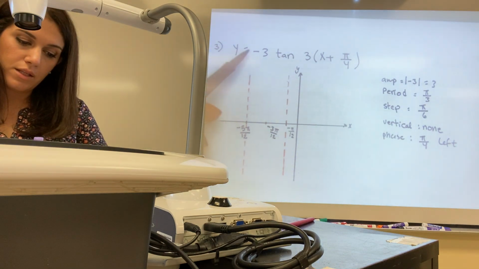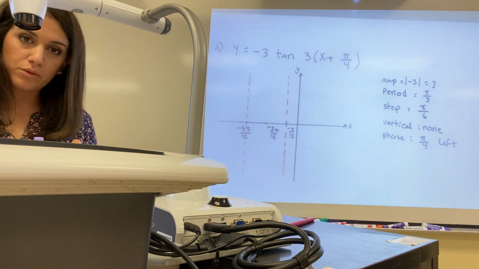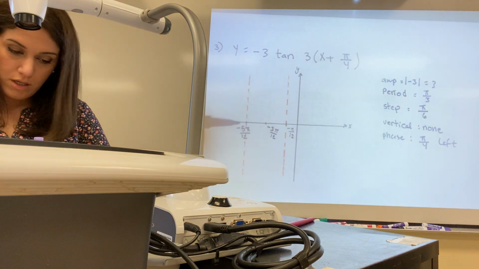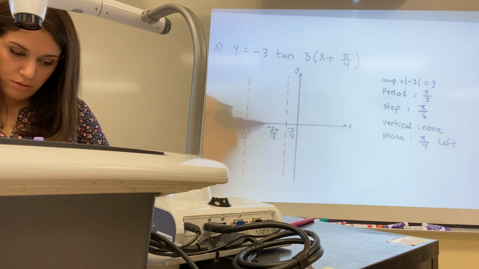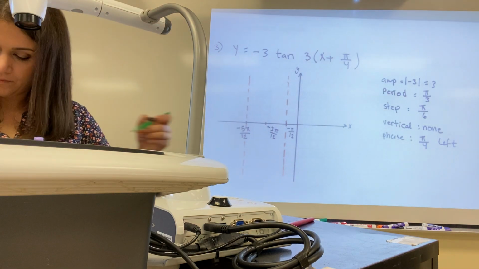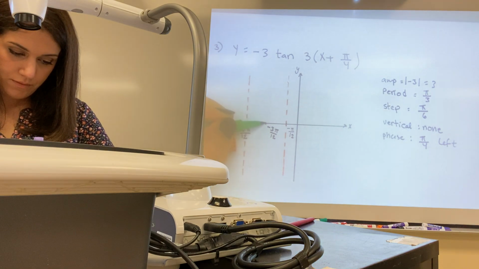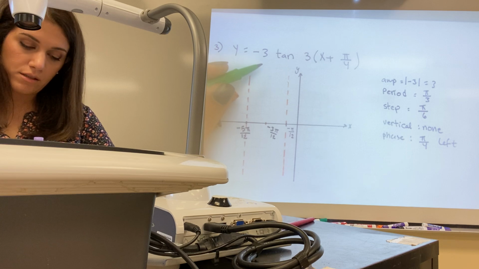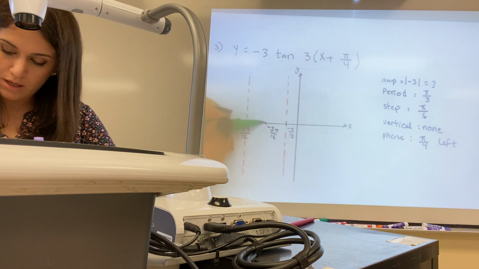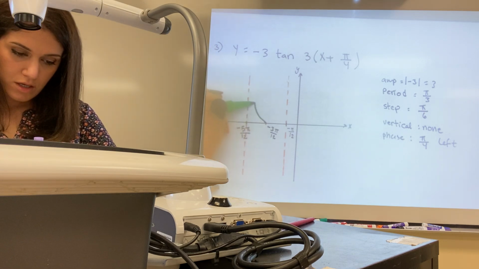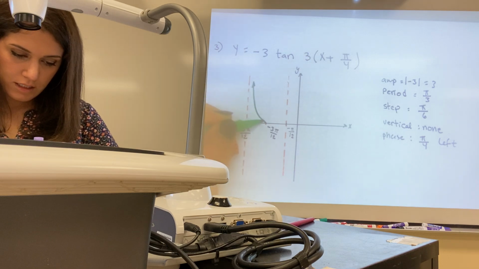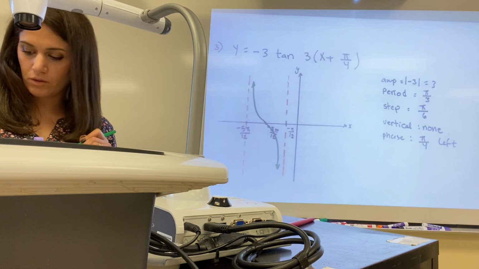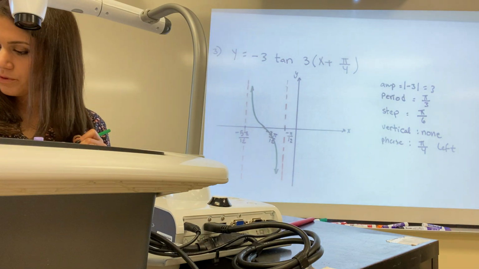There's a negative sign on the amplitude, so the graph will be the negative tangent function, and it will look like this. Remember, when A is negative for tangent, the graph looks like this. Okay, there is the graph for this function.